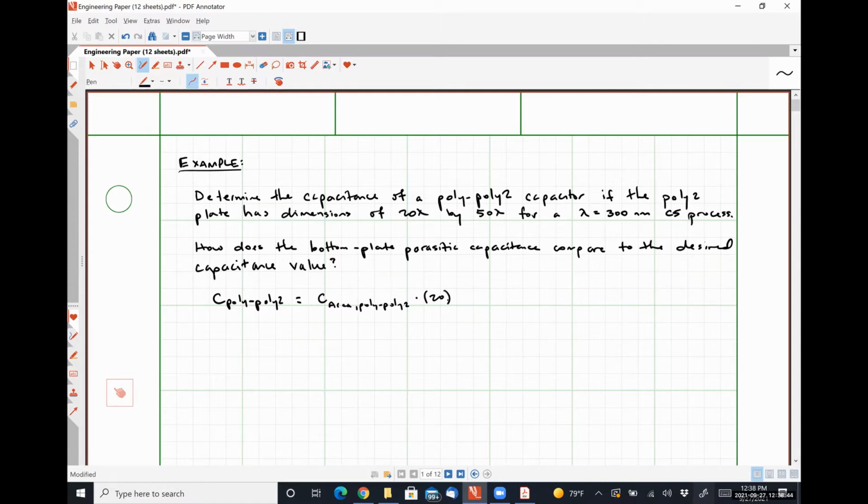That's going to be 20 lambda times 50 lambda, and then here it will be, let's see, 0.3 microns quantity squared.